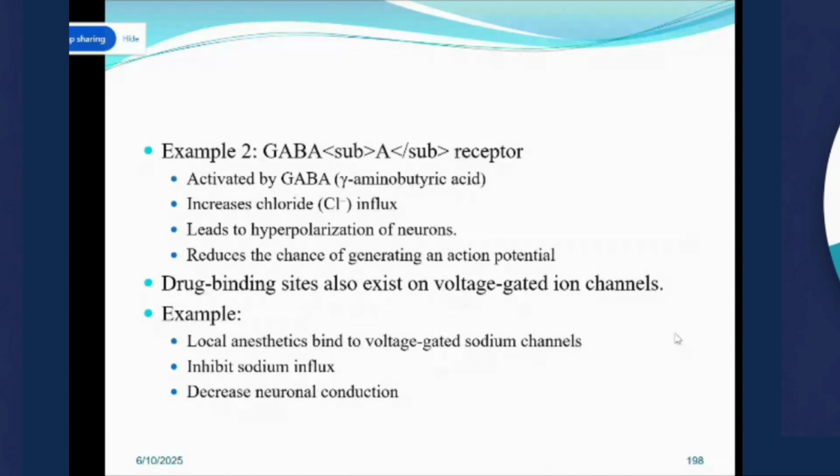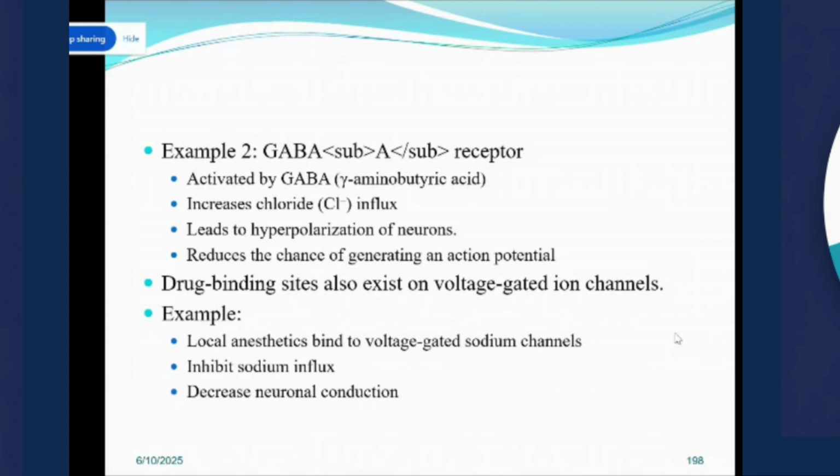When we see binding to GABA subunit A subreceptor by the GABA, we know GABA in full is gamma aminobutyric acid. It's actually a form of a neurotransmitter. We have seen that it increases chloride influx, unlike the conventional way where we have known that binding of the neurotransmitter increases sodium influx and potassium efflux.